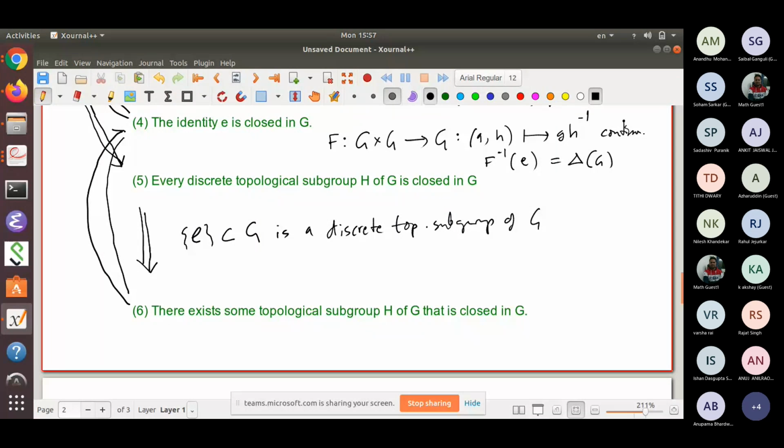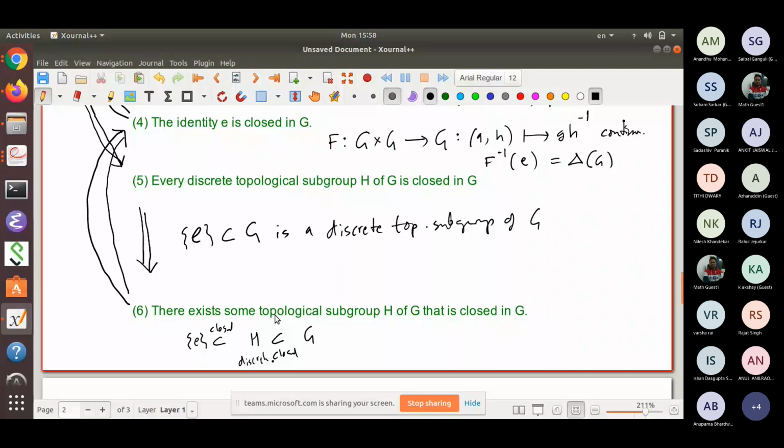There exists some topological subgroup H that is closed. So suppose H is a closed subgroup. Sorry, closed and discrete. Because H is discrete, E is closed in H. So E is closed in H because H is a discrete topological subgroup.